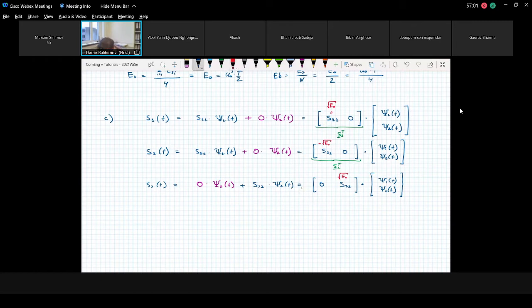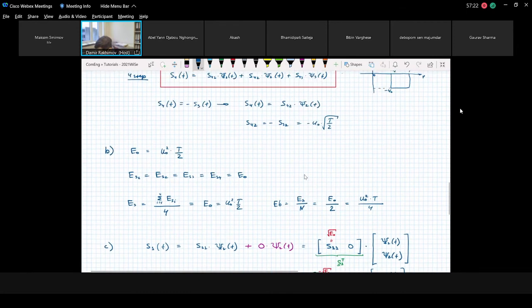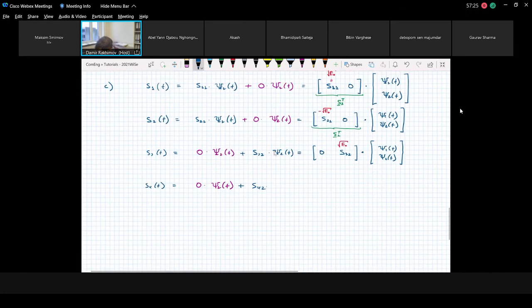And for the last signal that we have, S4 of t, it equals, again, 0, nothing from first basis function, plus S42 times psi2 of t. No, it's not 1, it's 2. We have 0 and S42 times psi1 of t, psi2 of t.